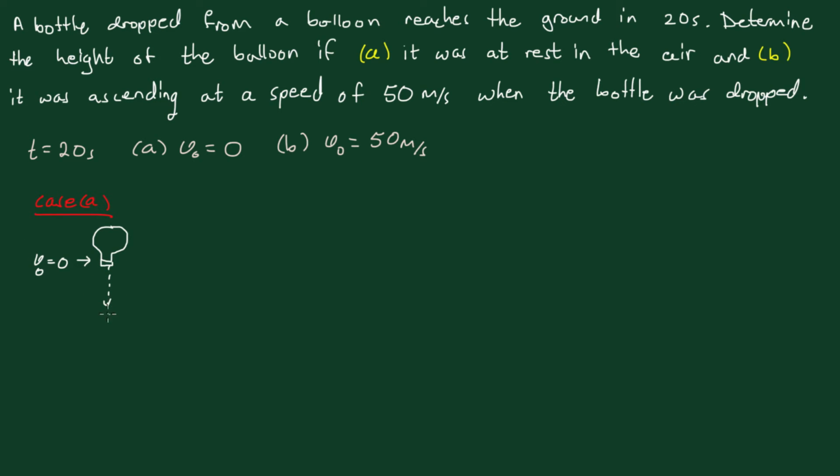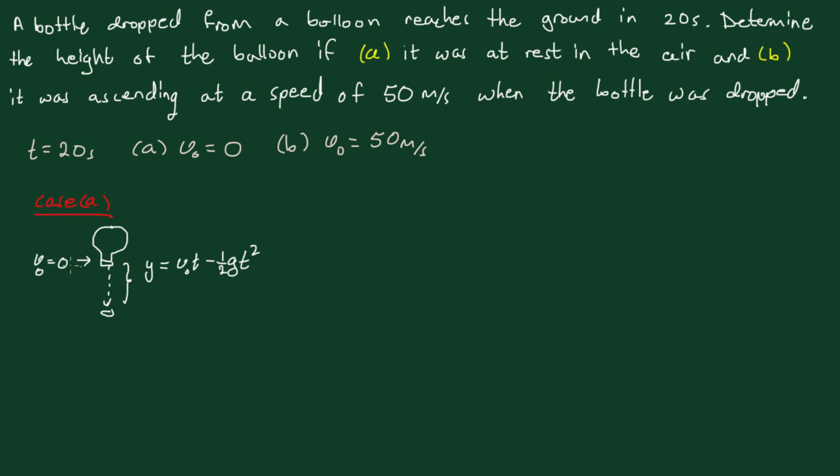So the bottle drops to the floor, and we can write the distance. Remember, this is a constant acceleration problem, so we can write the distance formula for the bottle as y is equal to v0t minus 1/2 gt squared.